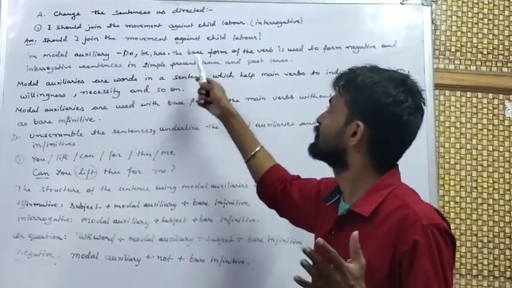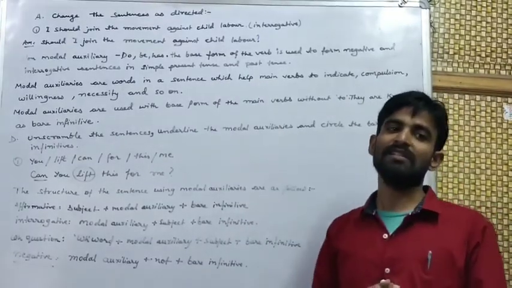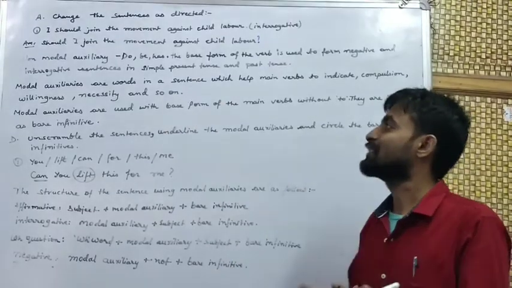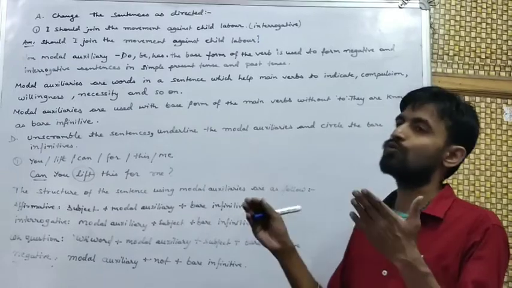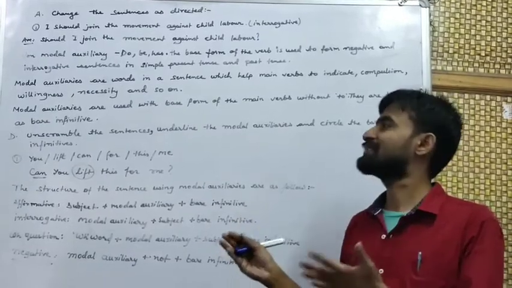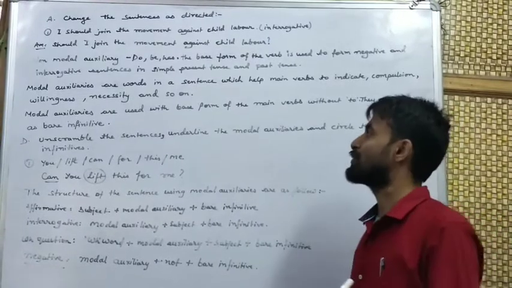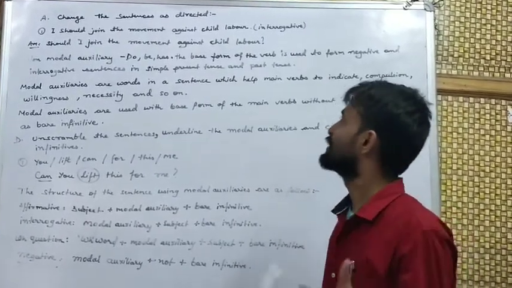These are the base forms of the verbs, and many forms come out of this. That is do, does, did. These are the forms of do. Be, is, am, are, was, were. These all are the forms of be. And has, have, had. These are the forms of has.